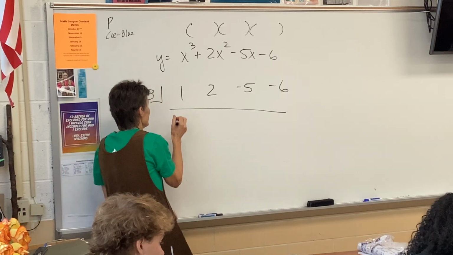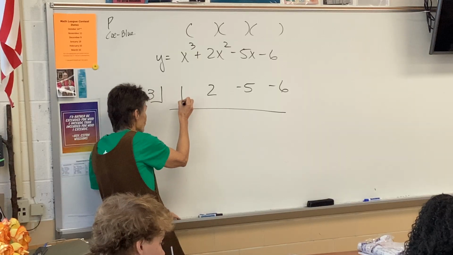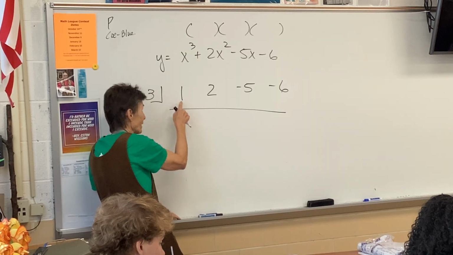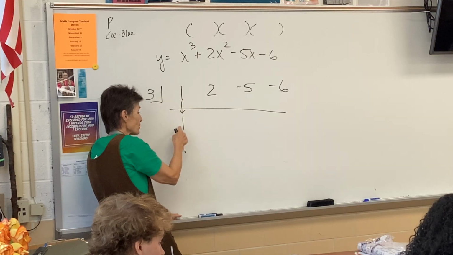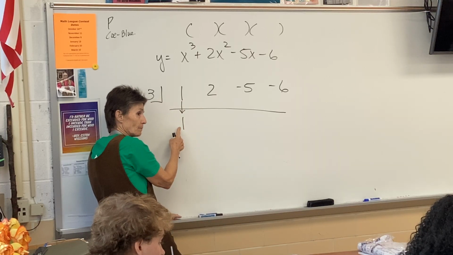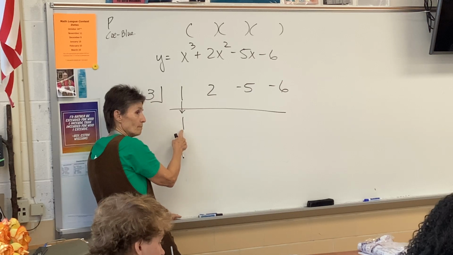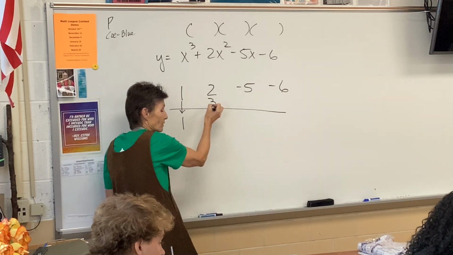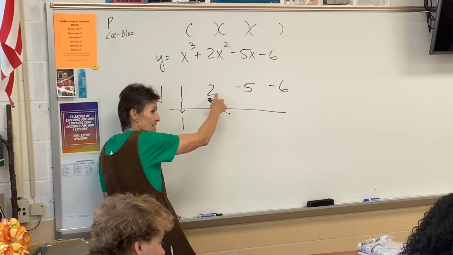Now, I left some space in here because I'm going to be writing some numbers in there. Drop this first 1, whatever that number is. It might not be a 1. Drop that first number straight down. Then we're going to multiply 3 times 1 and put the answer here. And then we're going to add these.